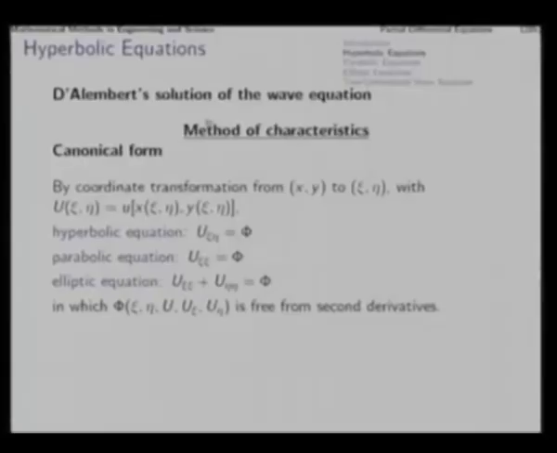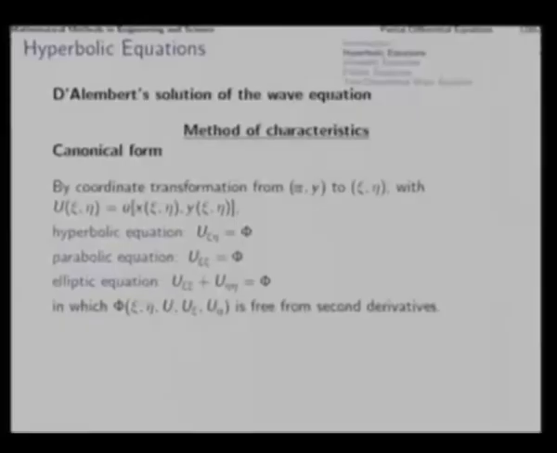Now, every PDE of the quasi-linear type can be converted to a canonical form, a very simple form, through a coordinate transformation. Say from x y, we change to the pair of variables xi eta through some coordinate transformation like this.